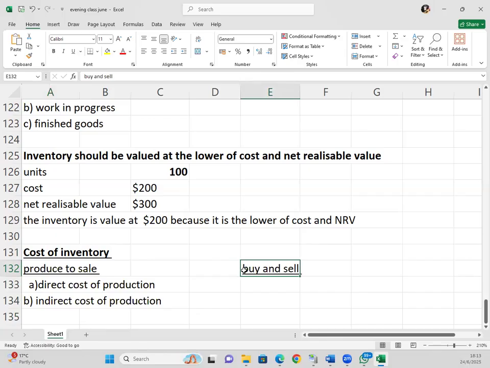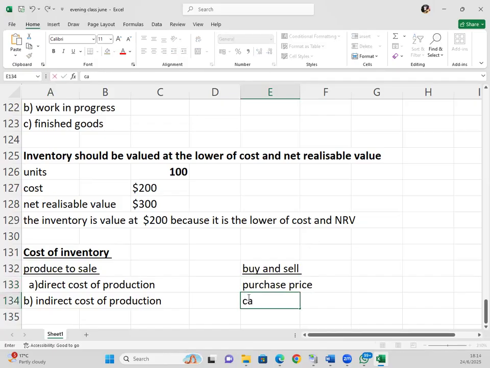But in some cases, we don't produce, we buy and sell. If you are buying the inventory, the cost of the inventory includes the purchase price, any carriage costs, and any duty on the inventory.